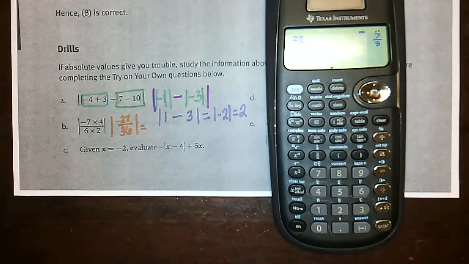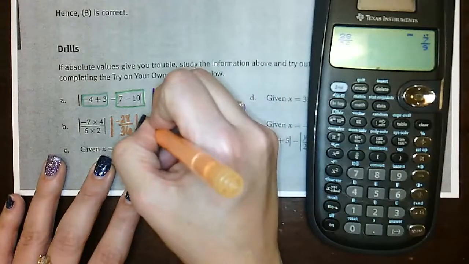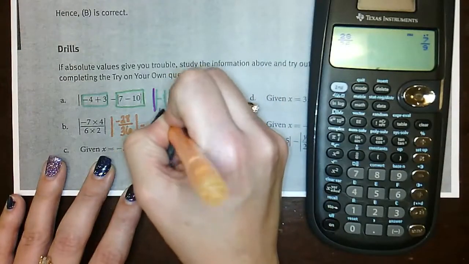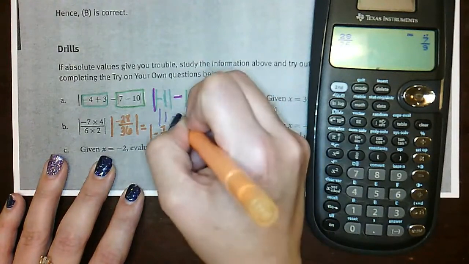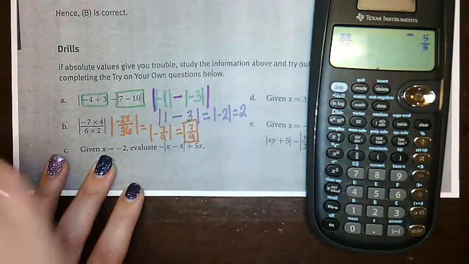So if you do have a calculator, because there are some non-calculator portions, put it in the calculator so that you don't make simple mistakes. So this is -7/9, and the absolute value tells me that this is going to be positive. So that's my answer.